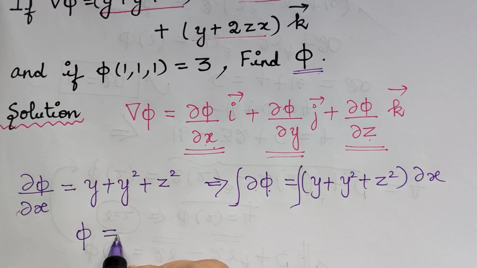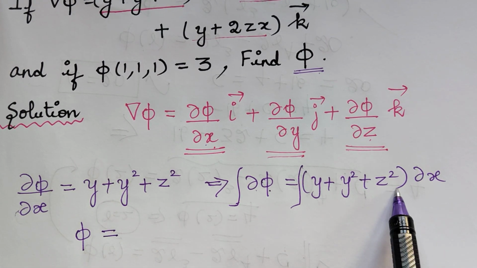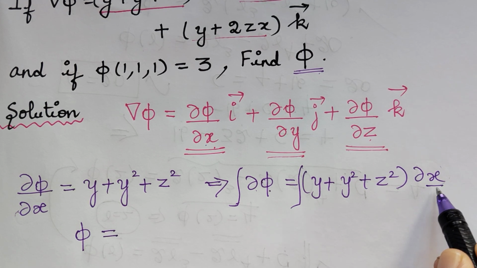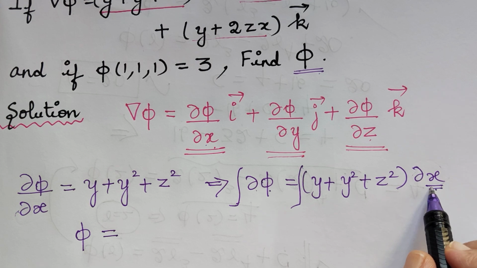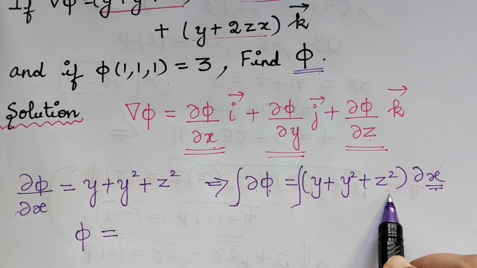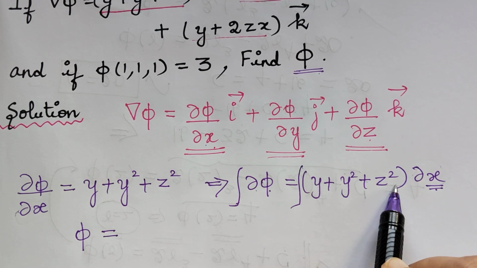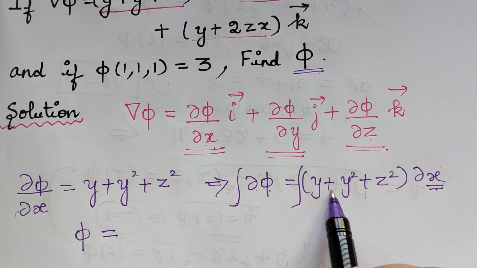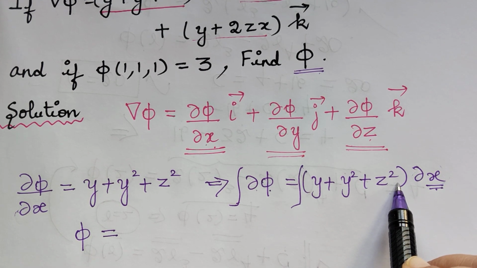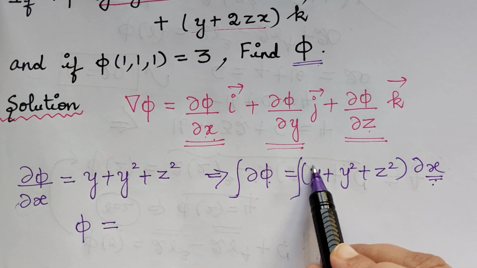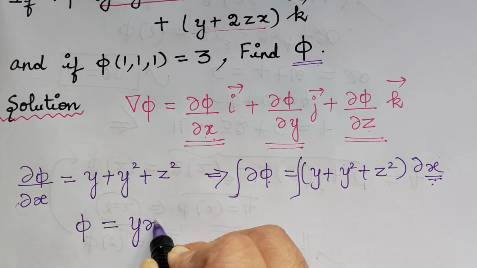That is equal to, now we have to integrate with respect to which variable? With respect to the variable x, because we have dou x over here. When we integrate with respect to x, we have to treat y and z as constants because it is partial. So by treating y and z as constants and integrating with respect to x, here we have y, so you will get yx.